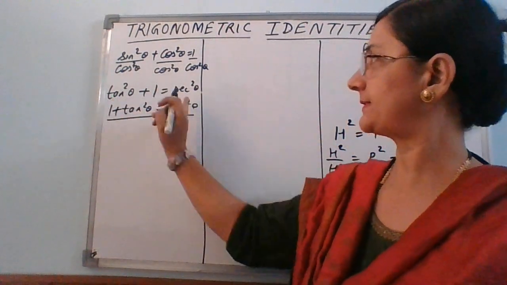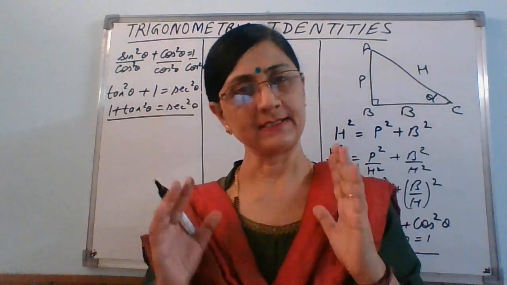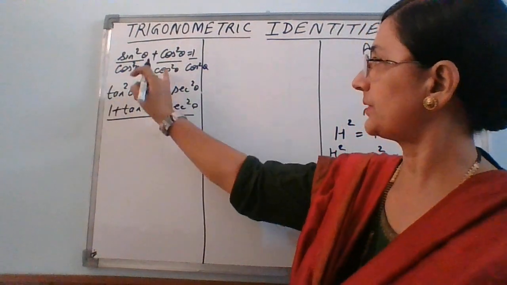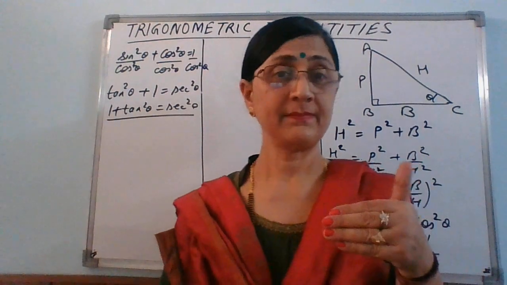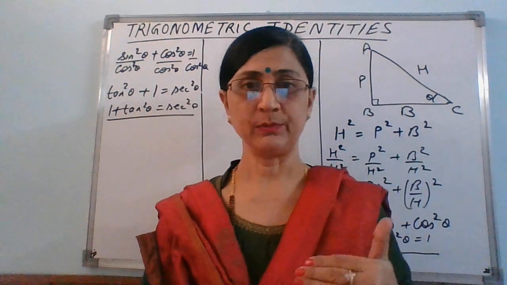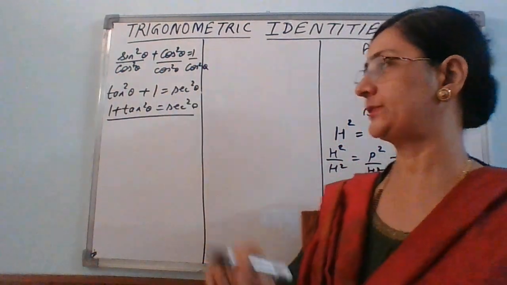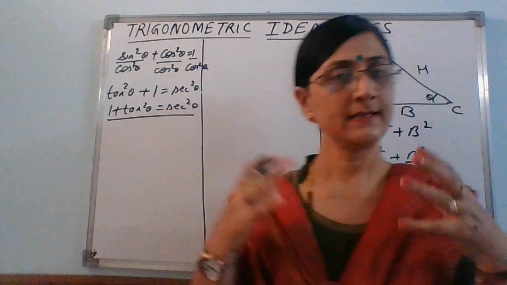The ratio of sin theta and cos theta is tangent theta, as I have already explained in my previous video. So this is tan square, cos square by cos square becomes 1, and 1 upon cos square is secant square, because the reciprocal of cos is secant. So the second identity is 1 plus tan square is secant square.